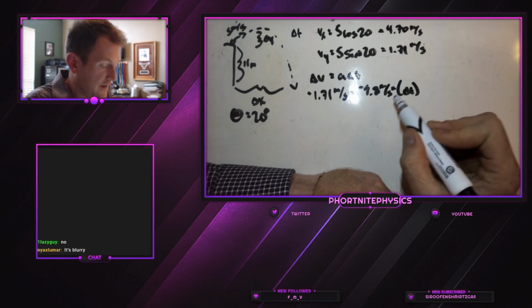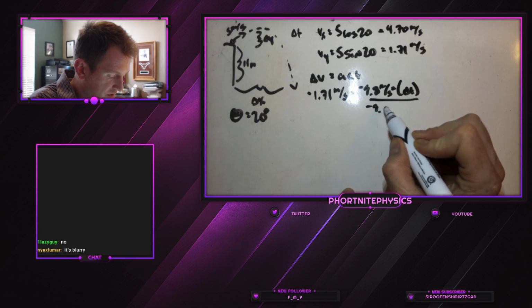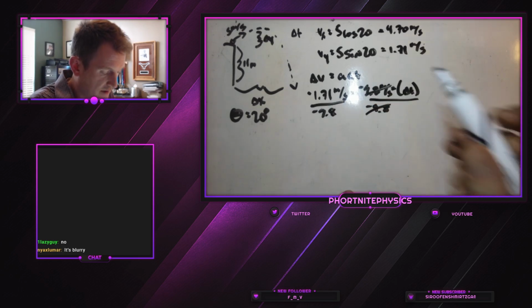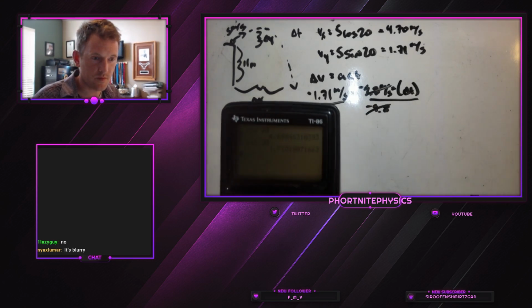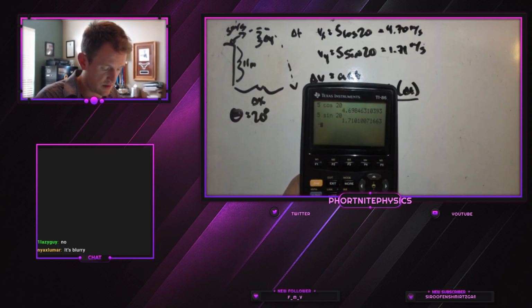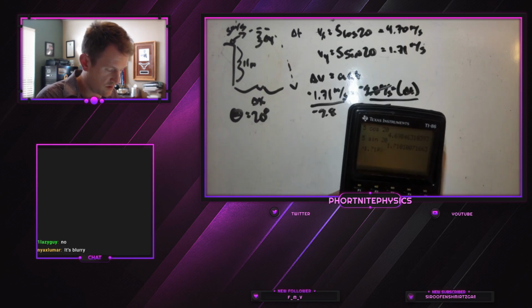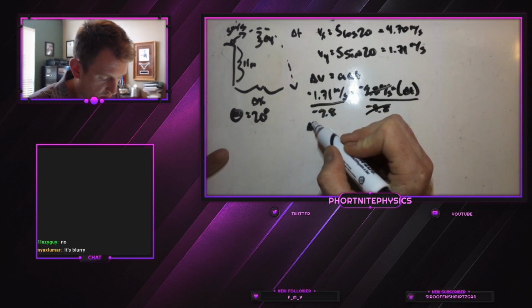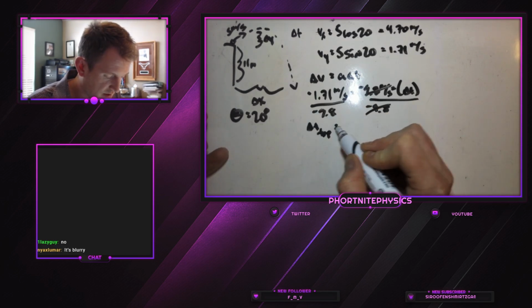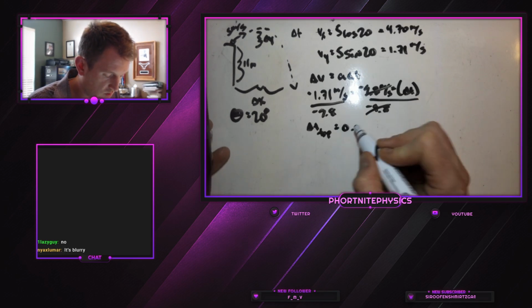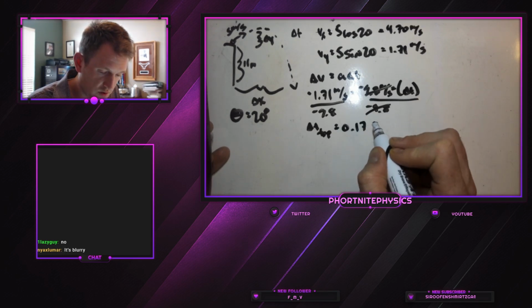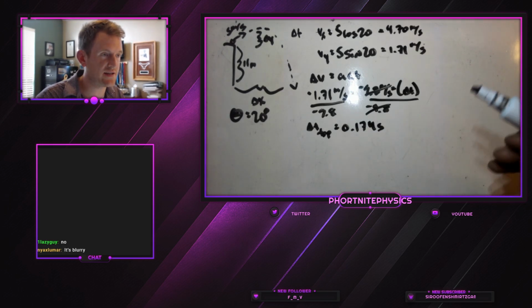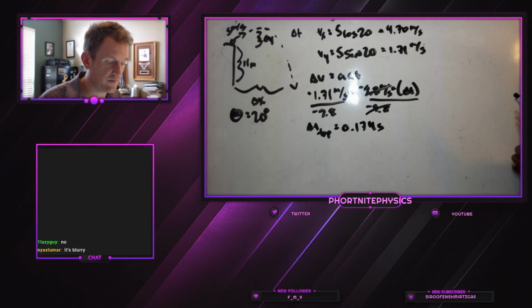Dividing both sides by negative 9.8, negative 1.71 divided by negative 9.8, our ball takes 0.174 seconds to get to the top.